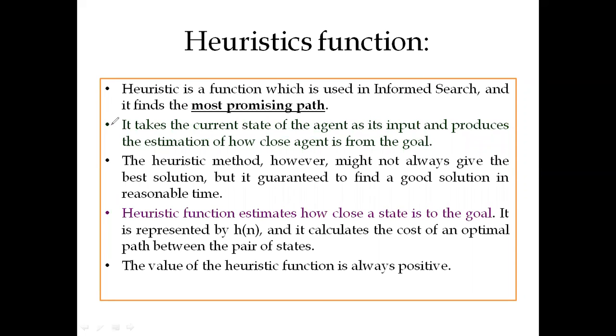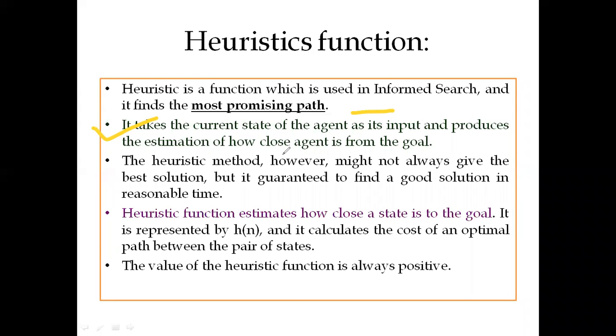This function takes the current state of the agent as its input and produces an estimation of how close the agent is from the goal. So what is the work of the heuristic function? It takes the current state of our agent as input, finds a value, and that value is actually the estimation of how close the agent is from the goal.